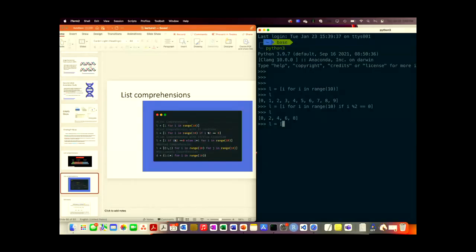We can also do if else. So we can say I if I modulo 2 equals 0, else I times I for I in range 10. Does anyone want to take a crack at what this line of code is going to do?